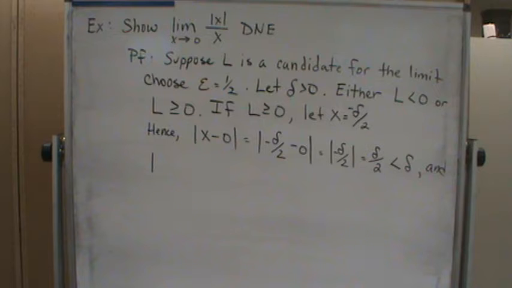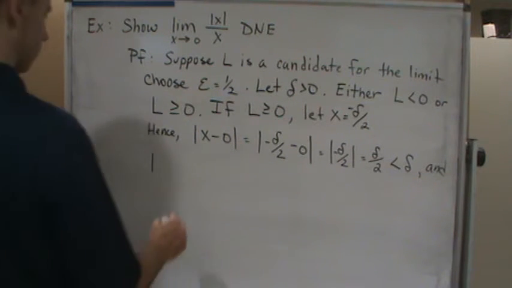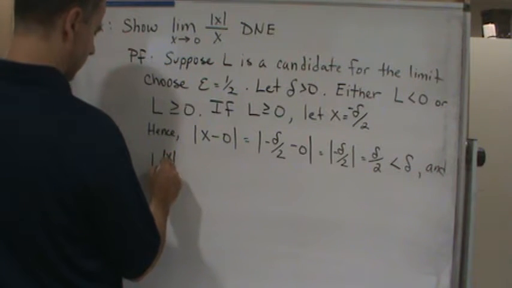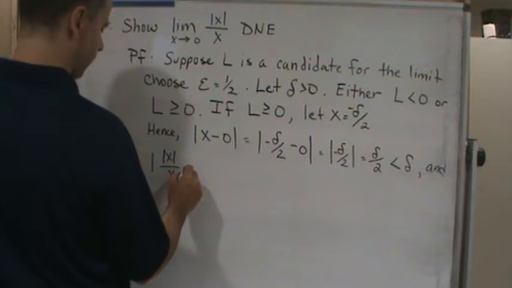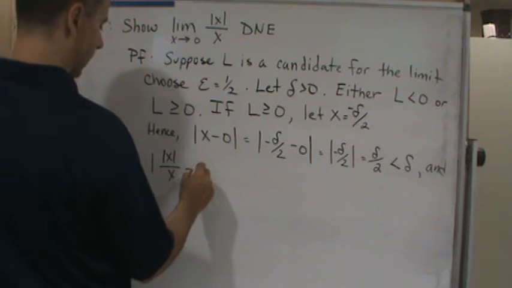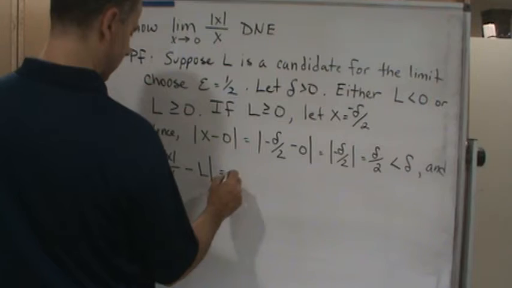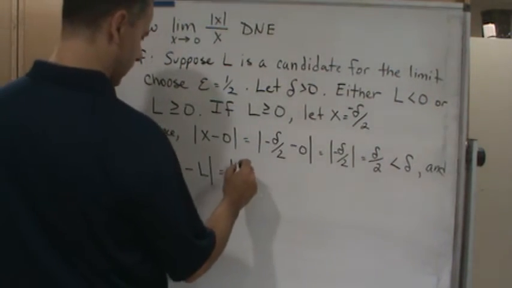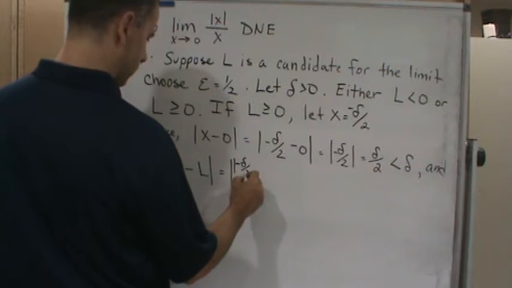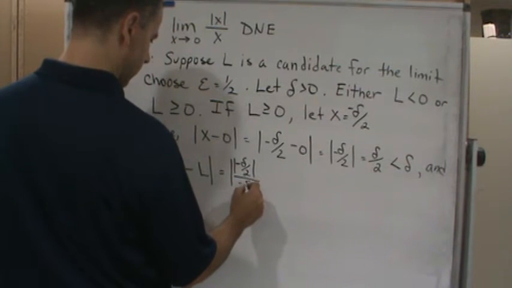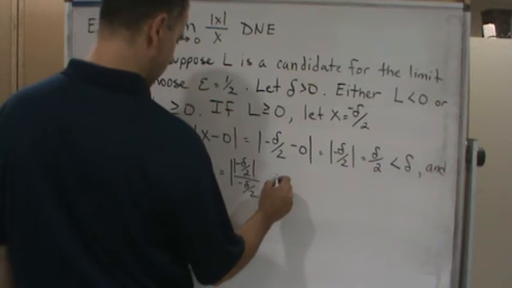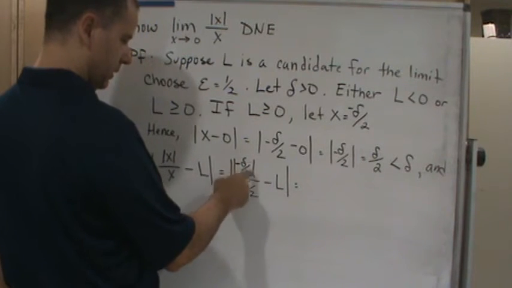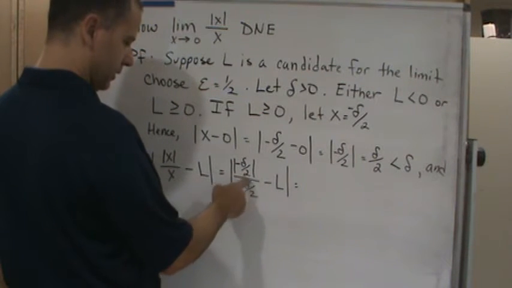Now, what do we do? Well, the function, right? So here's absolute value of x over x minus L equals the absolute value of, now we're going to put in what x is, the absolute value of negative delta over 2 divided by negative delta over 2, minus L, which then this becomes positive delta over 2, and this becomes negative delta over 2.